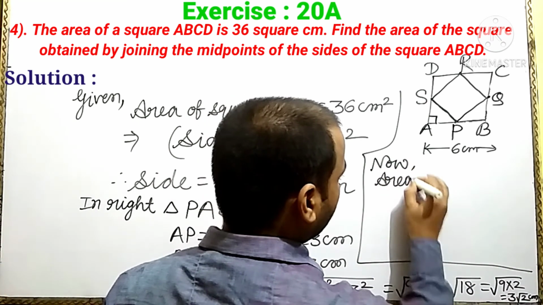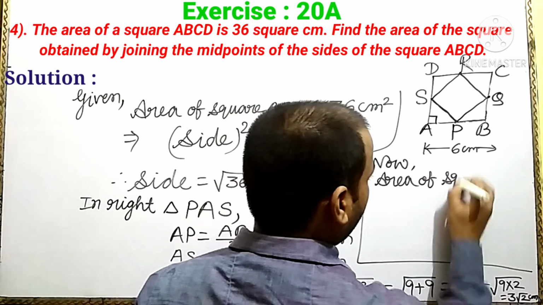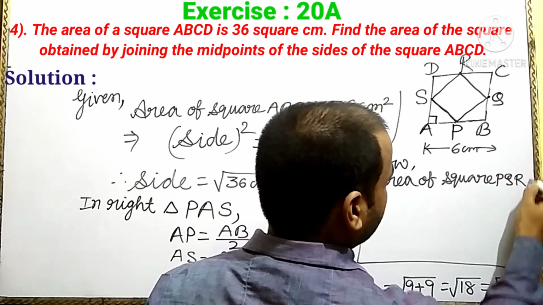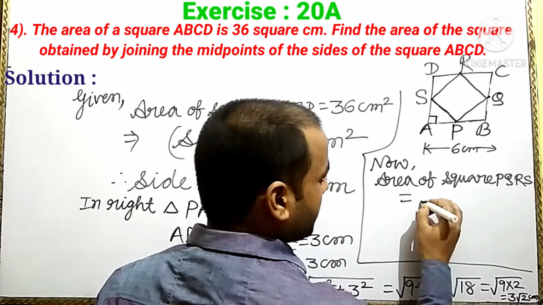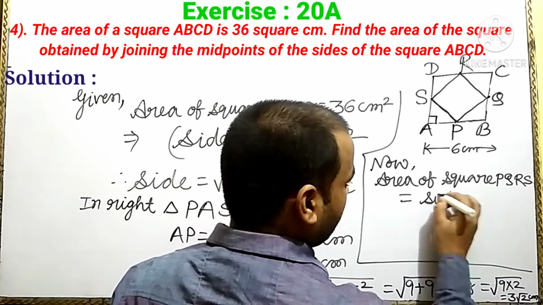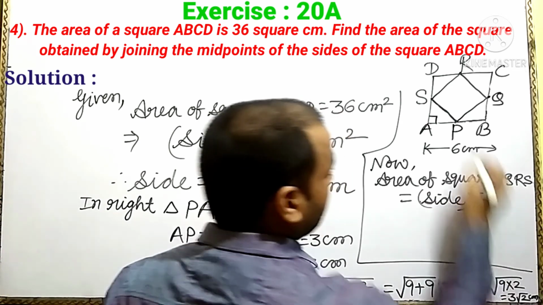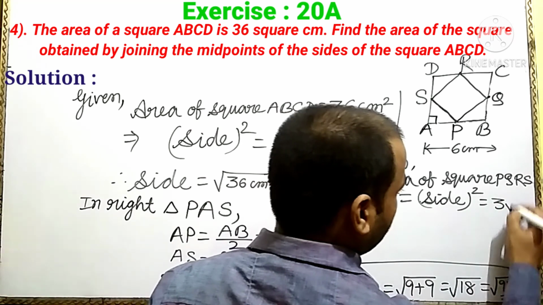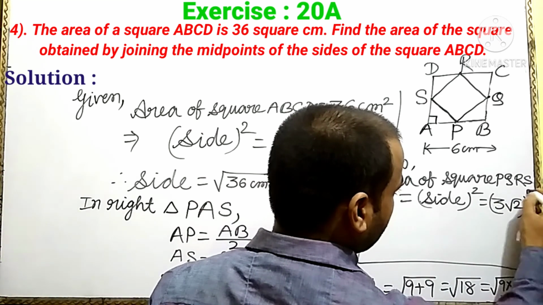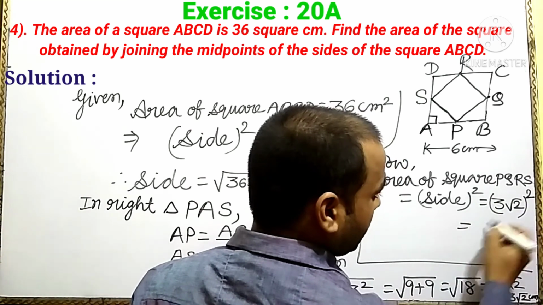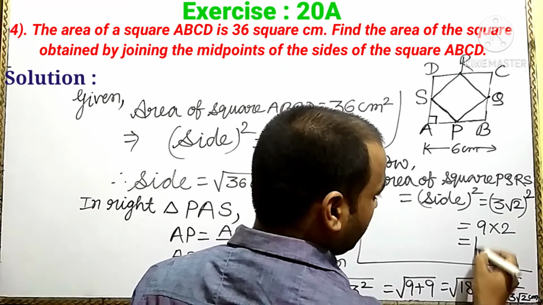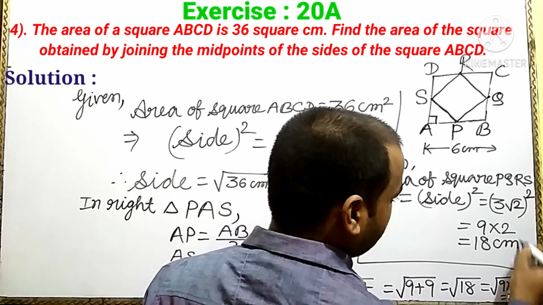So now area of square PQRS. Area of a square is side square. Here side found out, PS is equal to 3 into root 2. So (3 into root 2) square. Square of 3 is 9, square of root 2 is 2, is equal to 18 square centimeter.